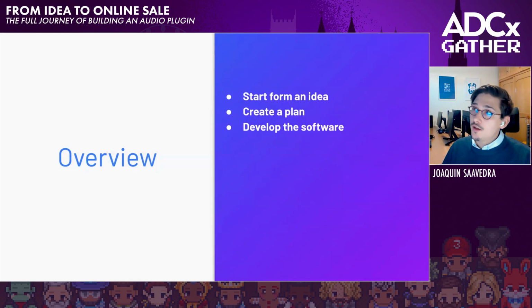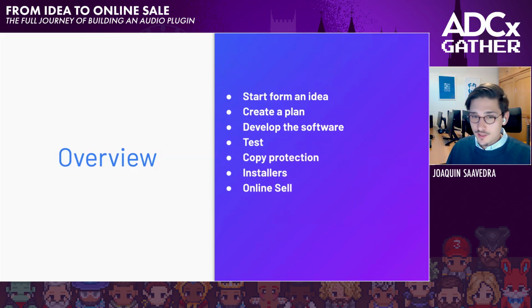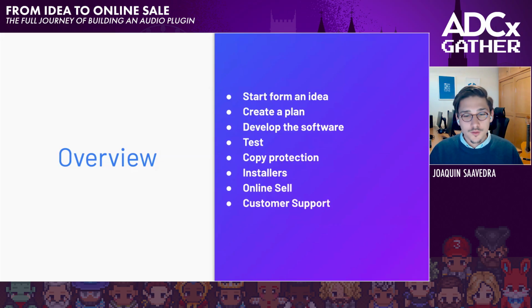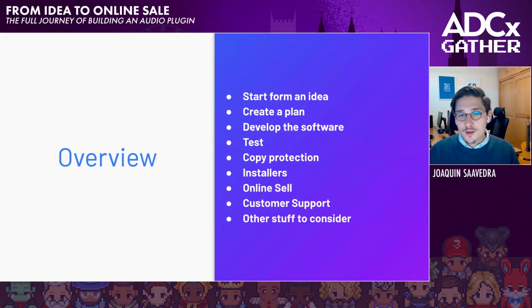We think a lot about this specific step, but we tend not to think a lot about the other steps that are involved. So there's testing, copy protection, installers, online sell, customer support, and really a huge amount of other stuff to consider. I think planning all this is the key thing that I wanted to tell you.